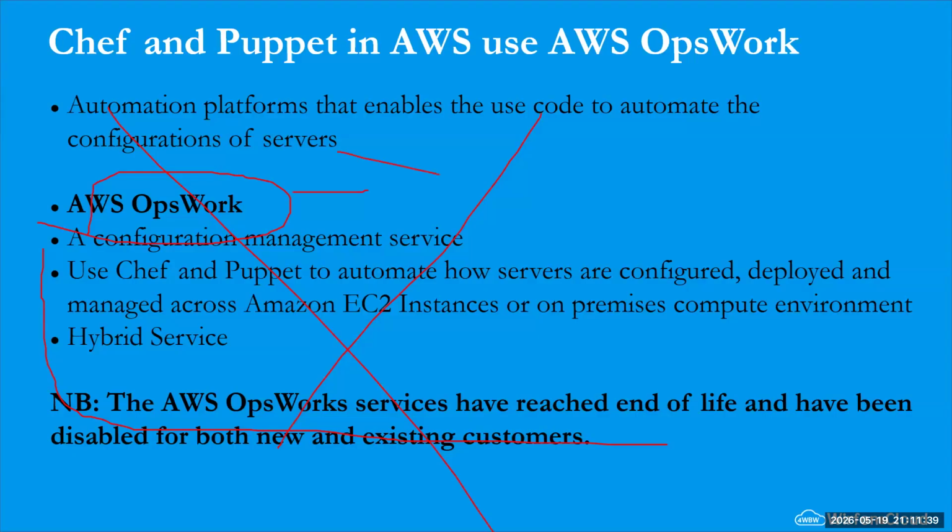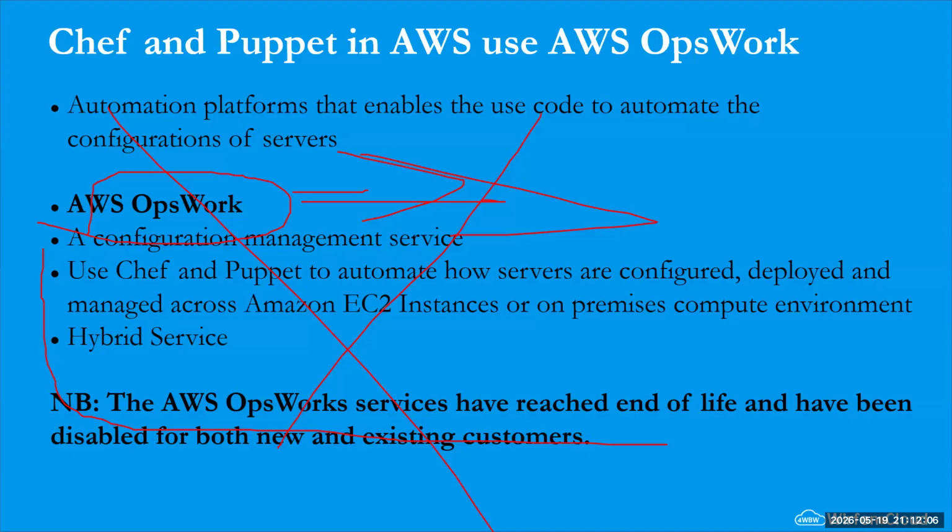AWS no longer supports it because there has been a huge transition in the cloud, and many people are focusing on, if you are moving to the cloud, using infrastructure as code. Terraform and CloudFormation are the leading skills when it comes to infrastructure as code. So OpsWorks is no longer supported by AWS.